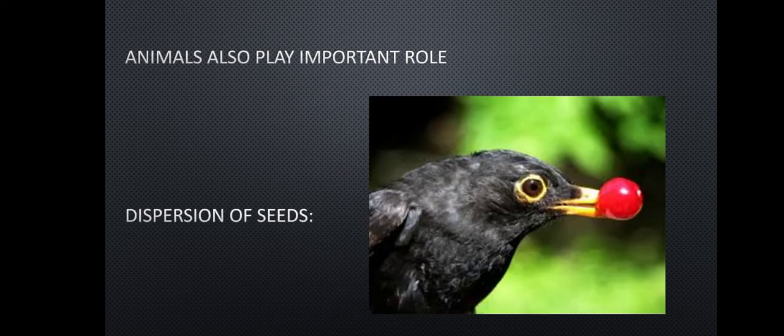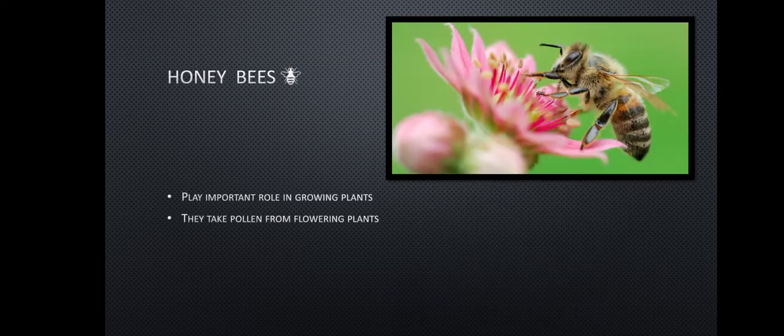Similarly, animals also play an important role in the environment. They help in the dispersion of seeds of the plants and help them to increase in number. The example is honeybees. Honeybees play an important role in growing new plants.